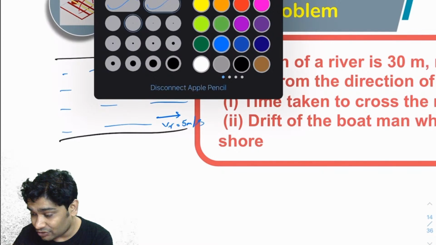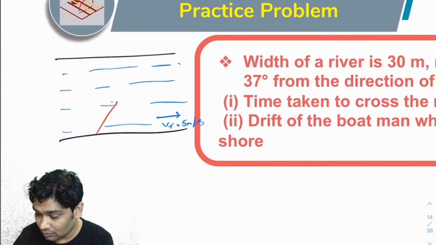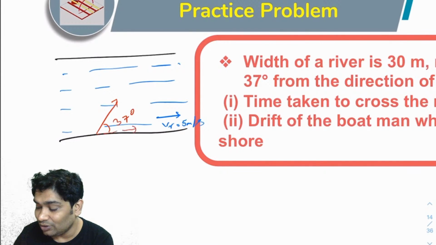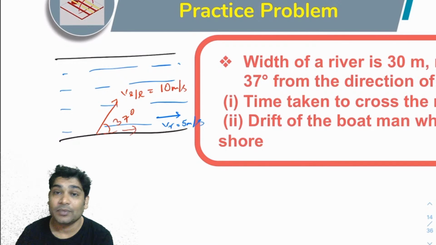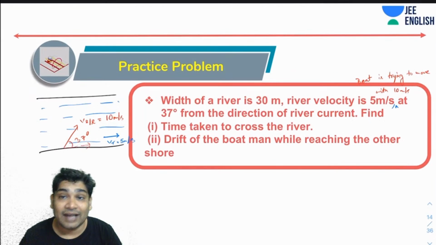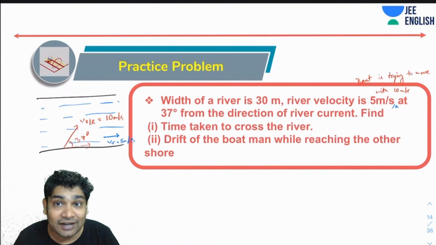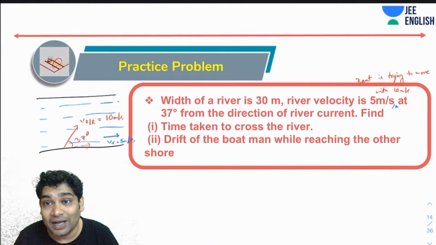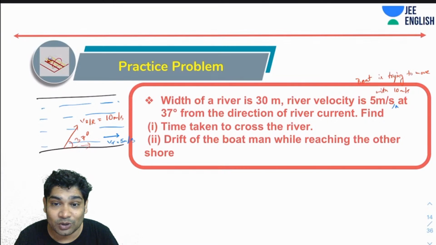Now a boat is trying to swim at an angle 37 degrees with the current flow. So this is the velocity of boat with respect to river. This is the direction, and it is equal to 10 meters per second. All right. Now you have to find the time taken to cross the river and the drift of the boatman when he reaches the other end of the shore.